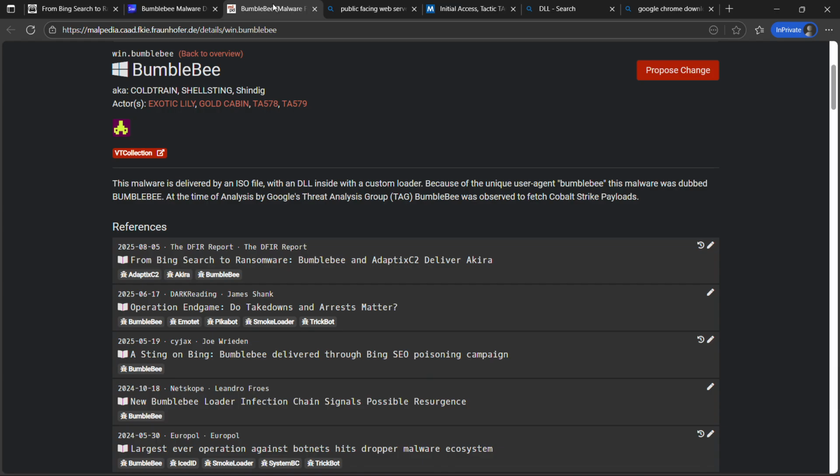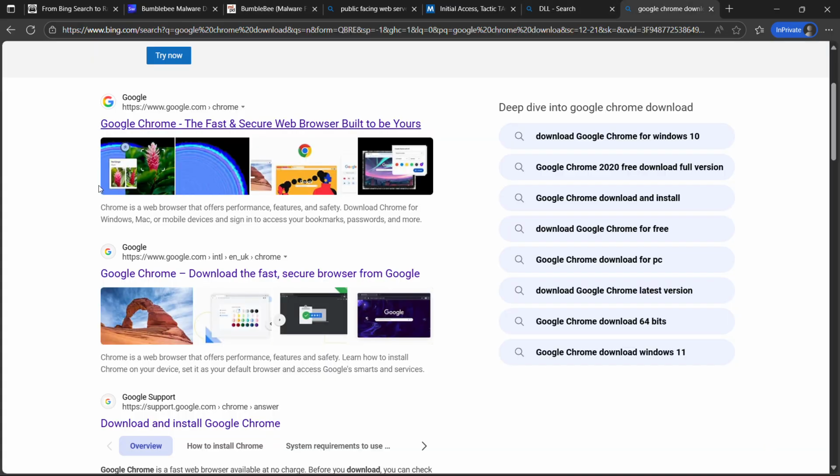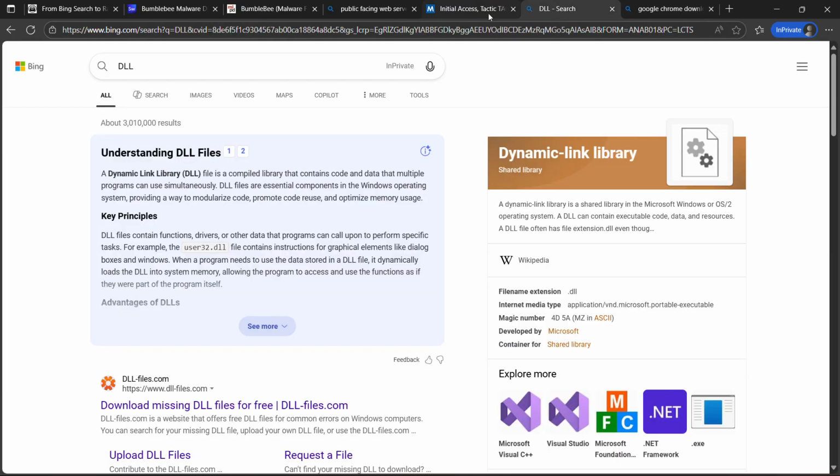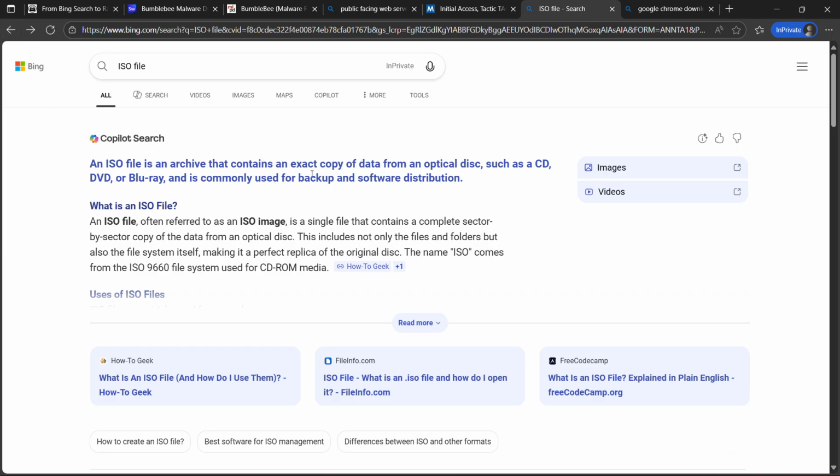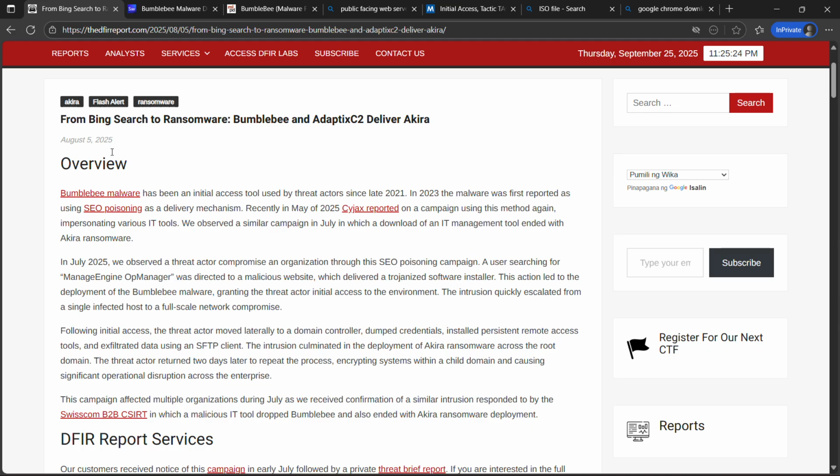But I thought it was delivered via ISO file, which came from disks, right? Then how is it used in SEO poisoning? Maybe it's the same file. Interesting.